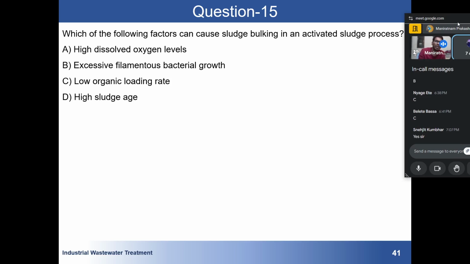Which of the following factors can cause sludge bulking in the activated sludge process?